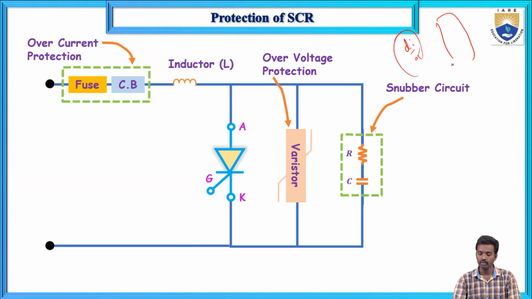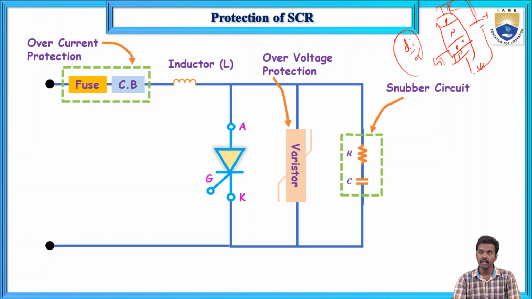This is the PN structure, this is the cathode, and this one is the gate. When you give a positive supply to the anode and negative supply to the cathode, and give the gate signal, the thyristor turns on and current flows from anode to cathode.